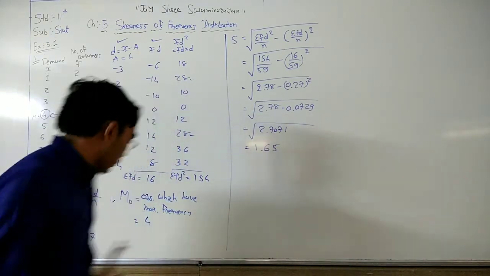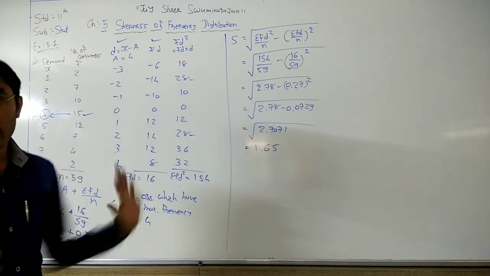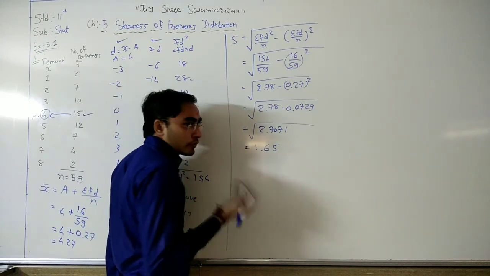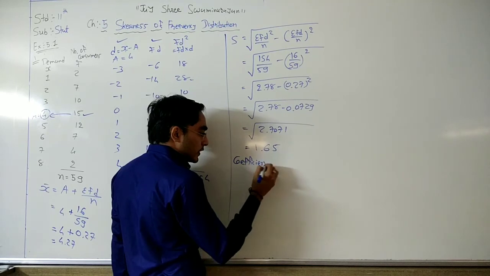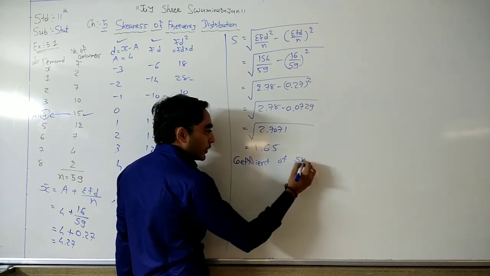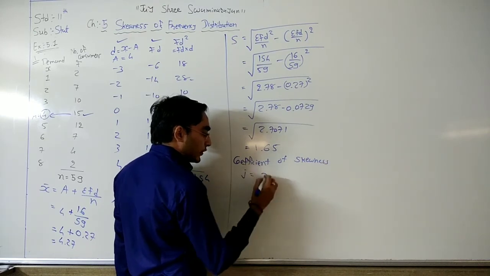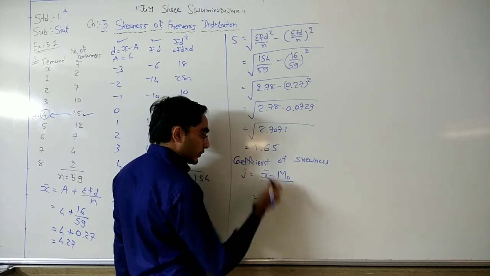So here our mean, mode and standard deviation are ready. Now finally we can find the coefficient of skewness. The formula is mean x bar minus mode divided by standard deviation s.